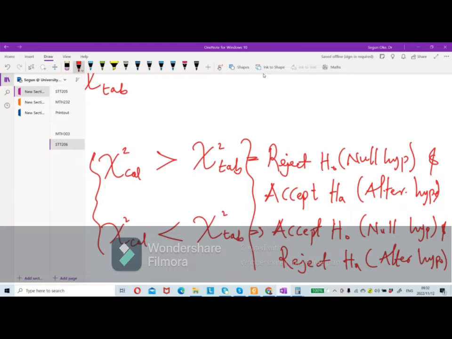So you need to learn this conclusion very well. It's important. You can reject H naught whenever chi-square calculated is greater than chi-square tabulated. Then you can accept H naught whenever chi-square calculated is less than chi-square tabulated. That's all.